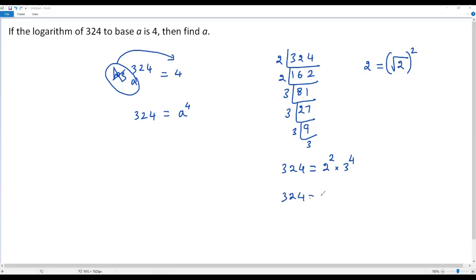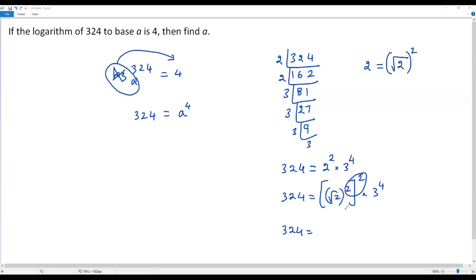So 324 equals, for this 2, we can write square root of 2, the whole squared. Already we have exponent 2 for this 2, so the same exponent should be taken over here. For this 2, we have written this stuff, and this exponent is taken as it is, times 3 to the fourth power. Okay, 324 equals, here the base is square root of 2, we have exponent 2, and for the complete stuff we have again exponent 2.